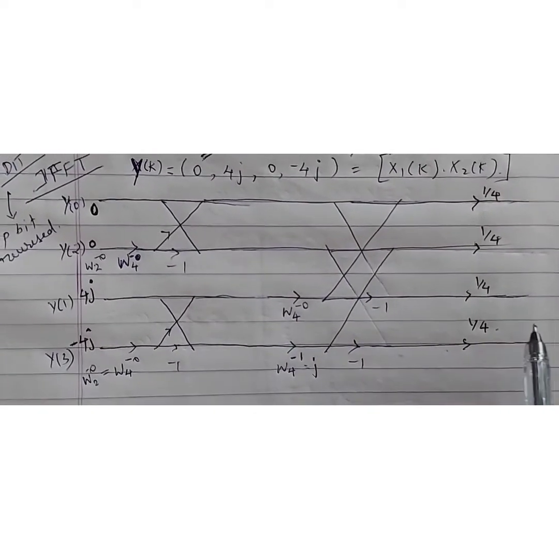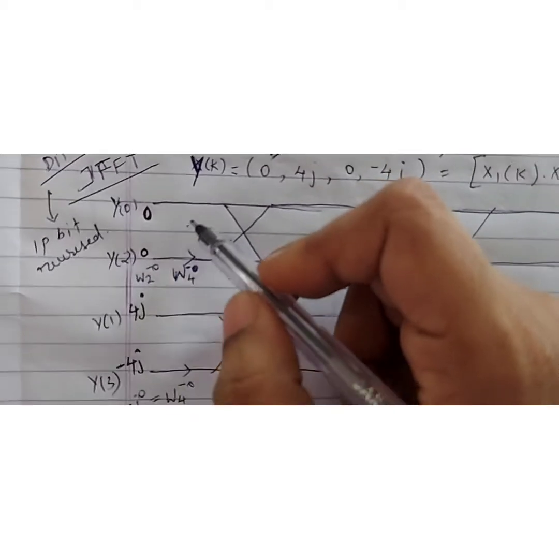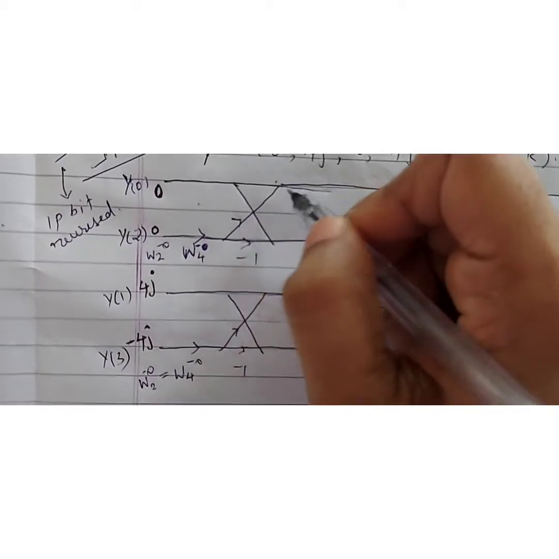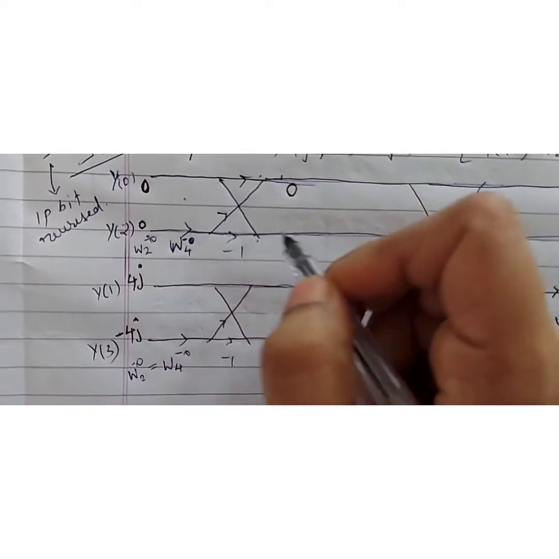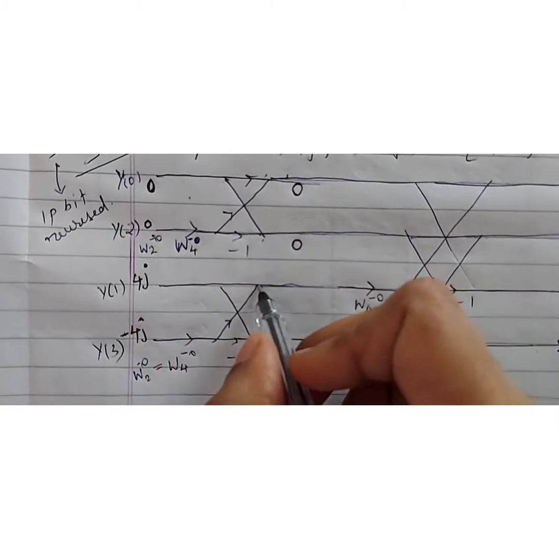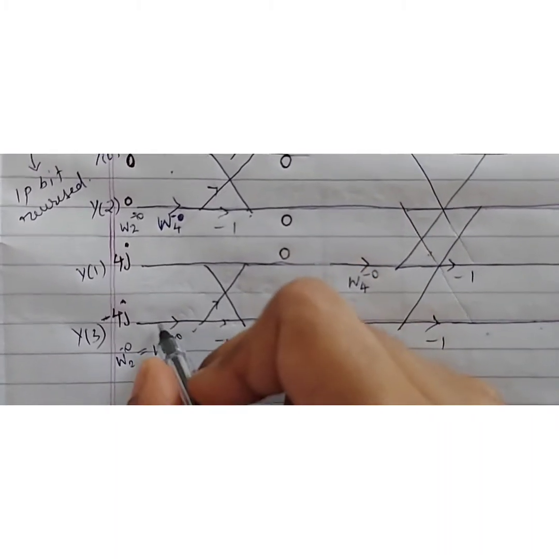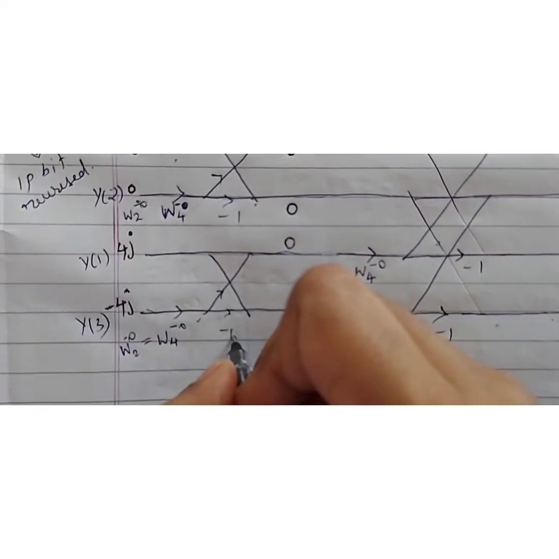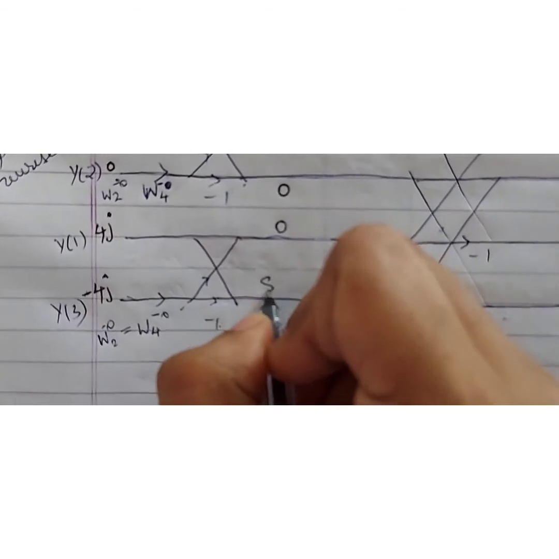Alright. Got this? So have a look. Now let's solve this. So 0 plus 0, at this point I get 0. Here it is 0. Minus 0, I get 0 again. Here it is plus 4j. Minus 4j, I get 0. Plus 4j. Minus 4j into minus 1, that is plus 4j. 4j plus 4j, I get 8j.